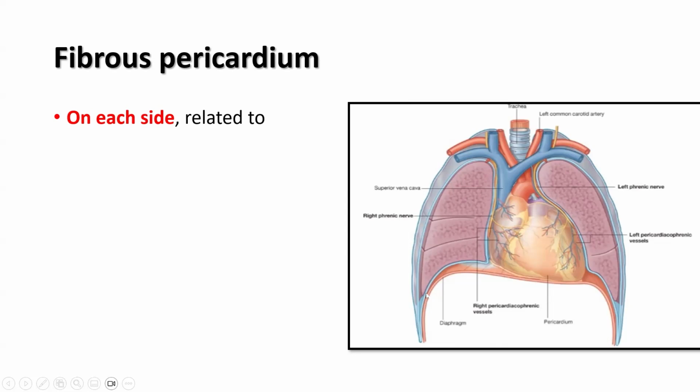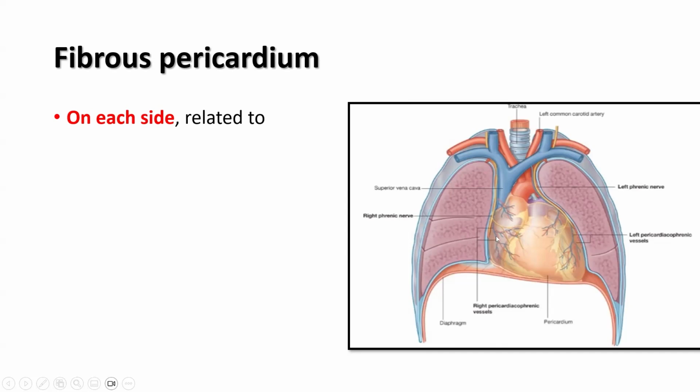Again, the covering of the lung is called pleura. This is the costal pleura. This is the diaphragmatic pleura because it is located over the diaphragm. This is the mediastinal pleura. And the pleura covering the apex of the lung is called cervical pleura.